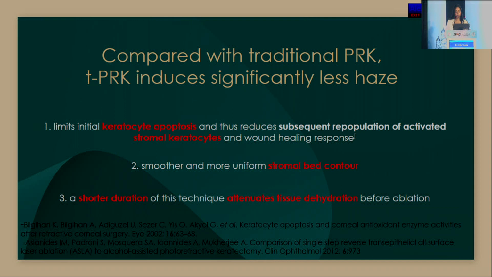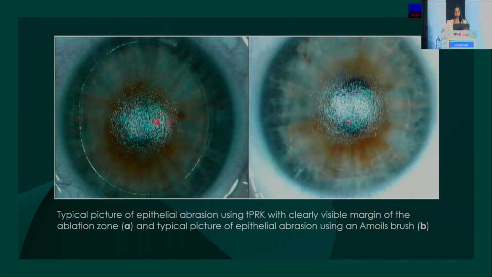So as compared with traditional PRK, the trans-PRK induces significantly less haze. Basically, trans-PRK limits the initial keratocyte apoptosis, which reduces subsequent repopulation of the activated stromal keratocytes and wound healing response. It also forms a smoother and more uniform stromal bed contour, and a shorter duration attenuates the tissue dehydration before ablation, which again causes less haze.